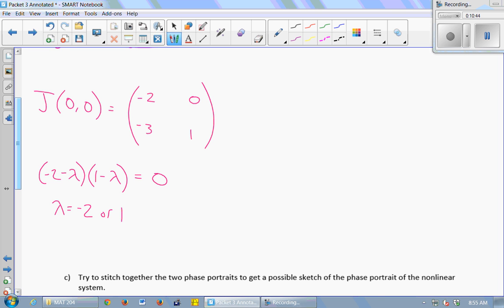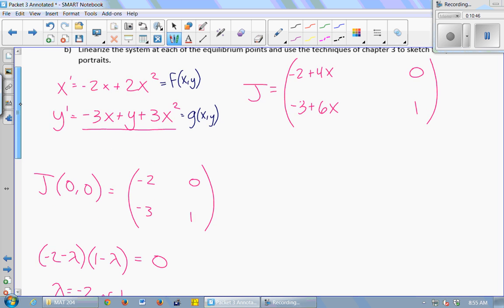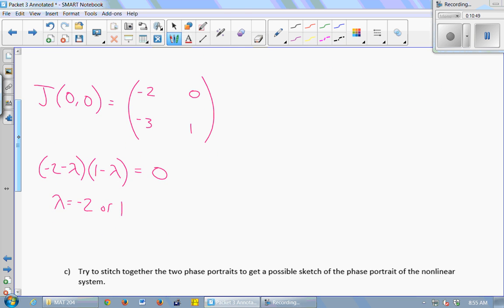Yep, I plugged in the point 0, 0, 0 for x, 0 for y. So what kind of phase portrait do I have at 0, 0? A saddle. One positive, one negative eigenvalue. We have a saddle.